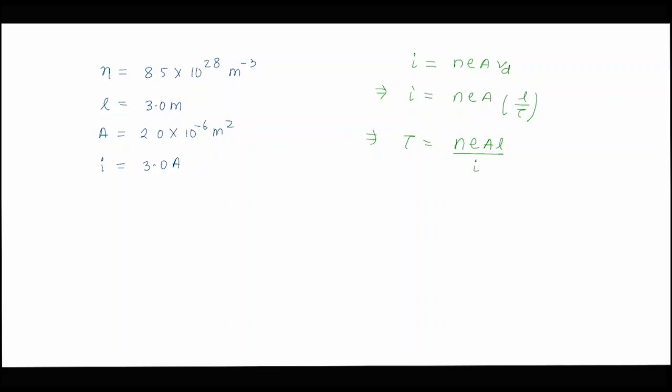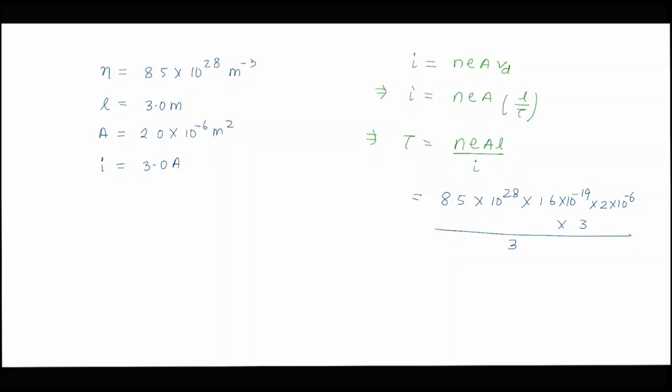So if we put the values over here, we obtain 8.5 into 10 to the power 28 into electronic charge 1.6 into 10 to the power minus 19 into area, which is 2 into 10 to the power minus 6, multiplied by the length, which is 3, upon the current, which is again 3.